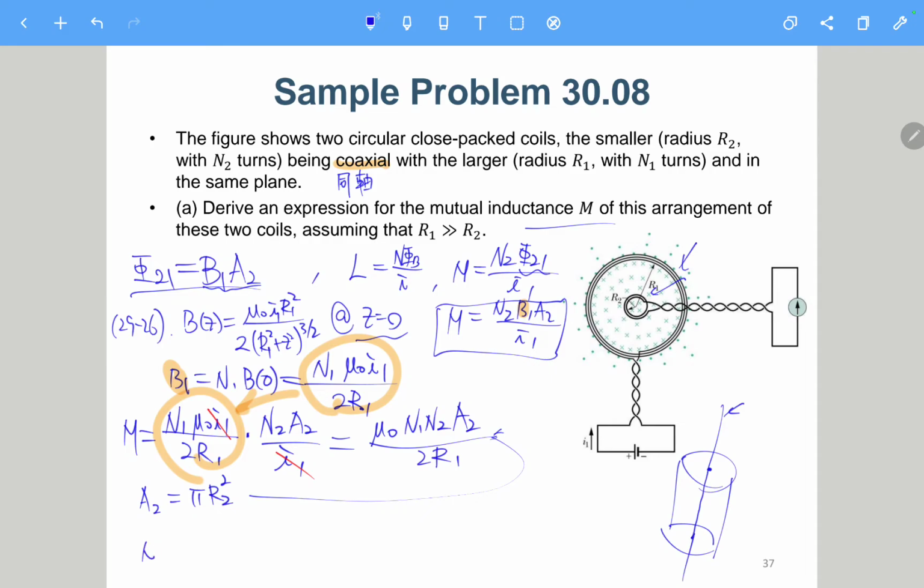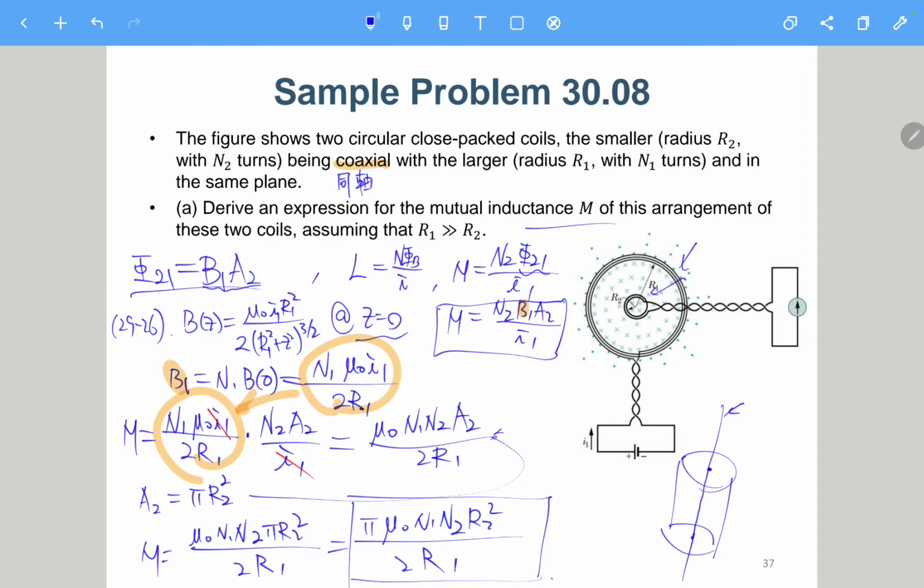So finally, M is mu 0 N1, N2 pi R2 squared over 2R1, or we can just reorder something like pi mu 0 N1, N2 R2 squared over 2R1. So this is the closed form expression for this question.